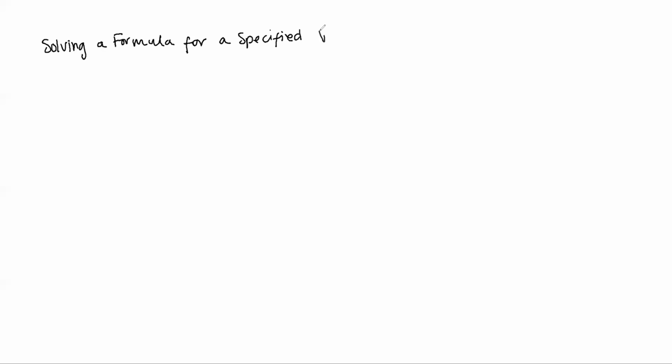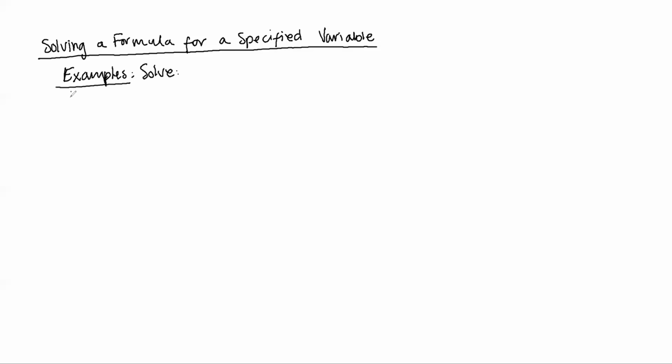And now this is something, again, that you've seen before, you just haven't seen it with rational expressions, so variables on the bottom. So this first one here, we're told to solve r equals a minus p over pt for a.